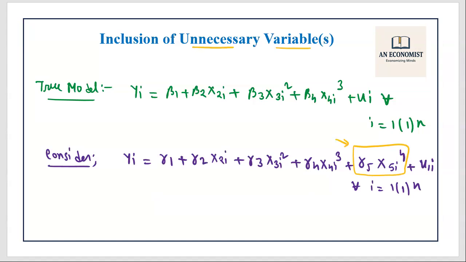See here, unnecessary variable. Suppose in hypothesis testing, you have found that this gamma 5 is exactly equal to 0. You have tested the hypothesis and got that gamma 5 is exactly 0, which basically means that the variable x5 is statistically insignificant. Statistically insignificant means this variable x5 is not contributing to the variation of yi.